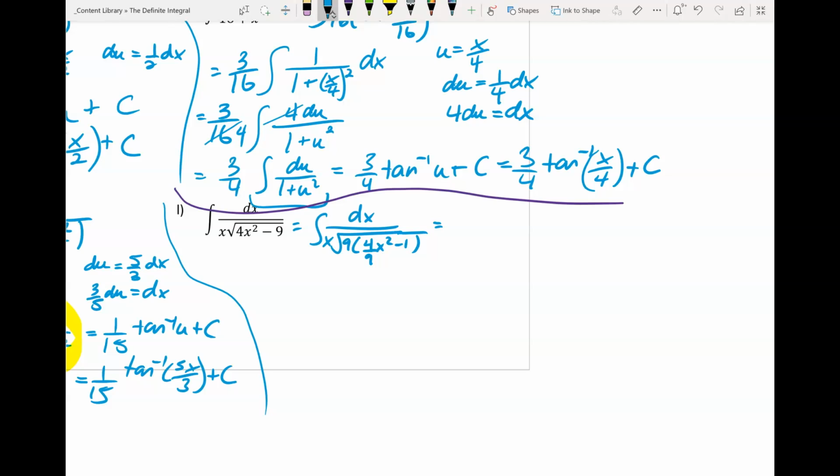Then our next step is to take that 9 out by taking the square root of 9, which is 3.